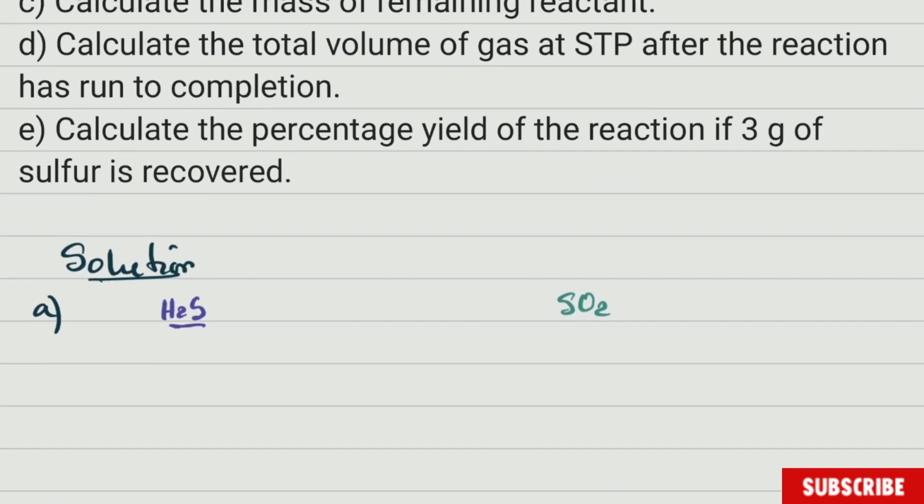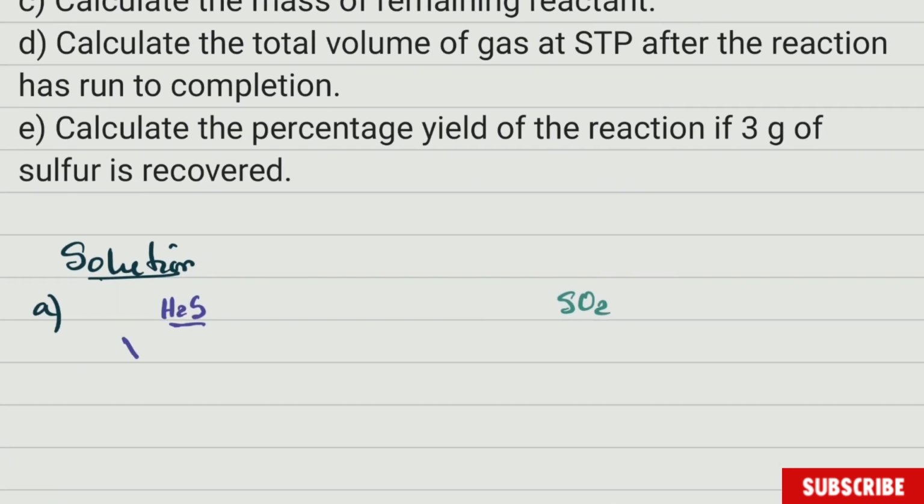All right. So first of all, I'm going to write here that the volume of this gas is equal to 2,24 cubic decimeter. It is given to you and it is at STP. Therefore, the molar volume is equal to 22,4 cubic decimeter per mole.